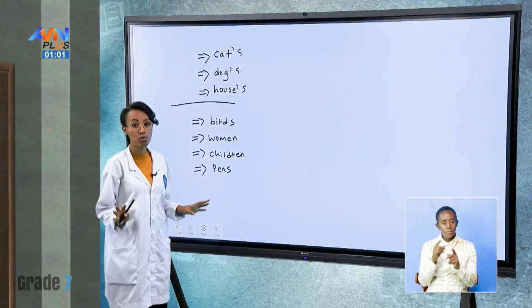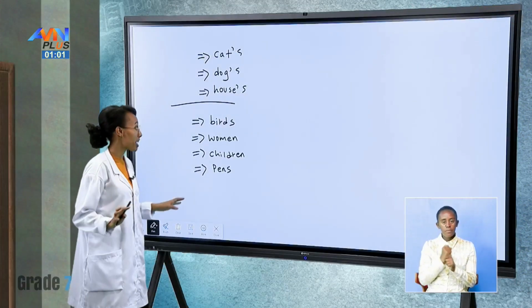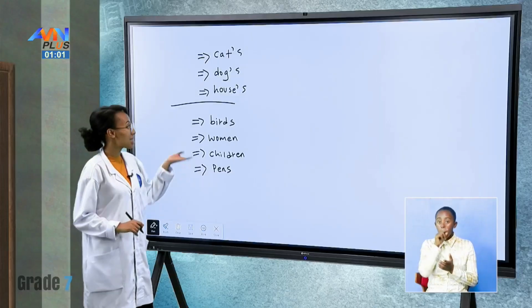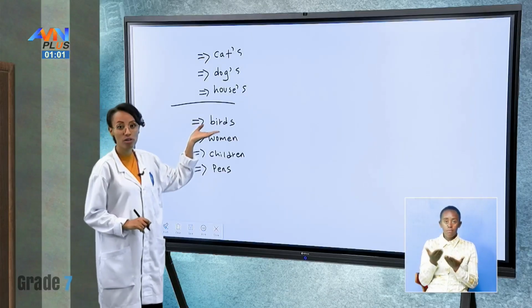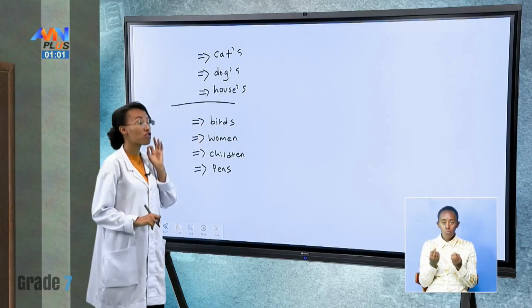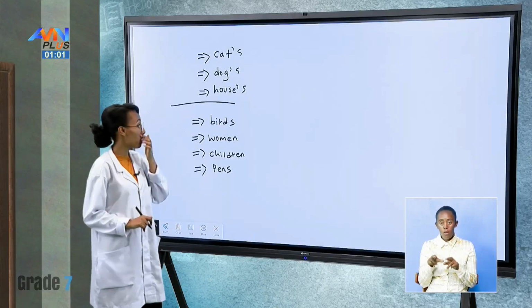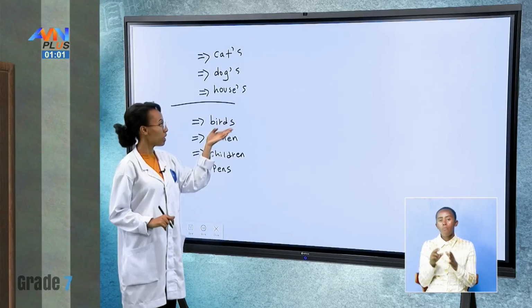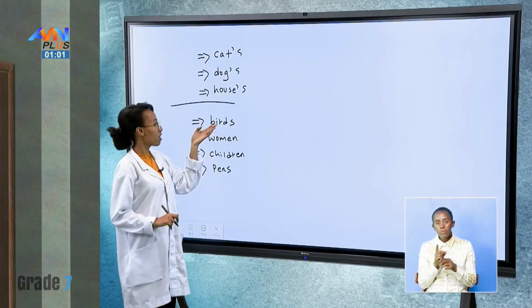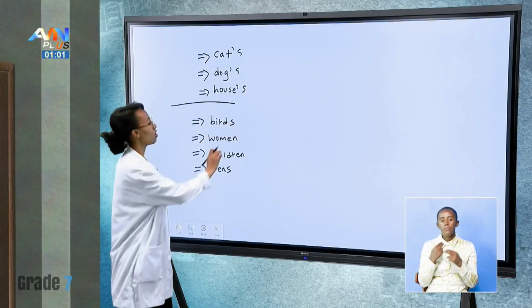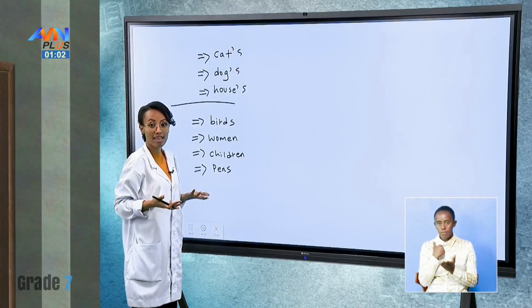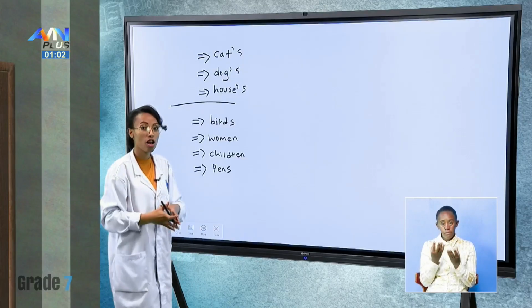So I'm sure you find this exercise very easy again, right? The first one, birds. Since this noun is what? A regular plural noun, meaning it has what? This is the noun on its own, bird, and then it's already added S to show what?